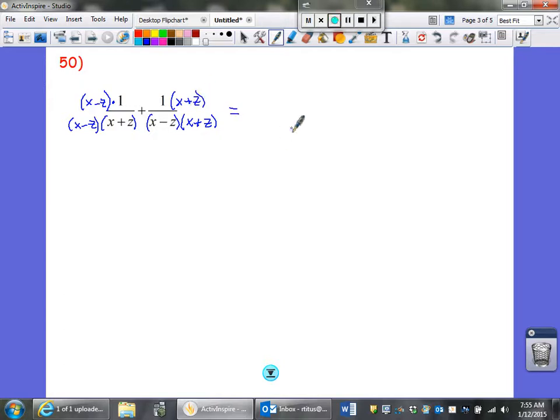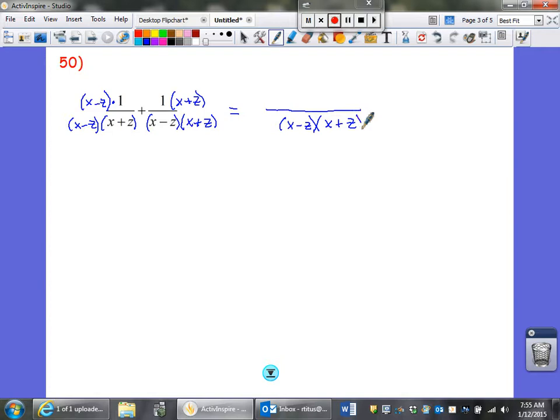So we have to see what's left here now, okay? First of all, I want to tell you that these denominators are now exactly the same. They are x minus z times x plus z. That's what both denominators are.